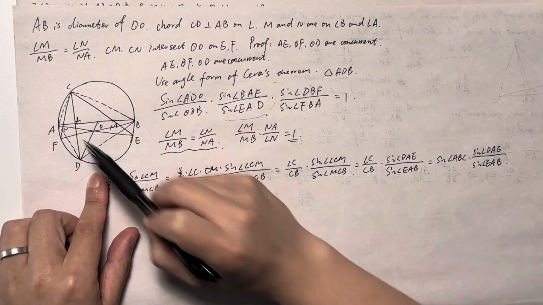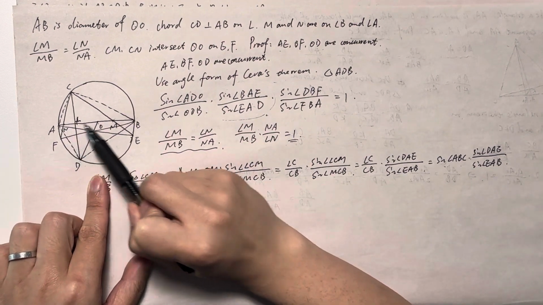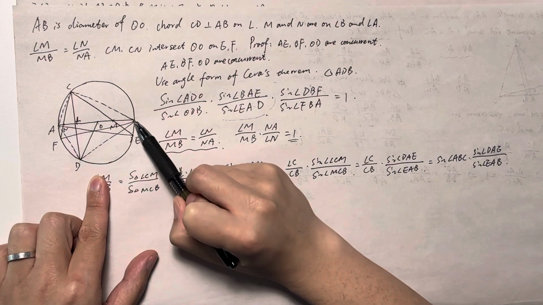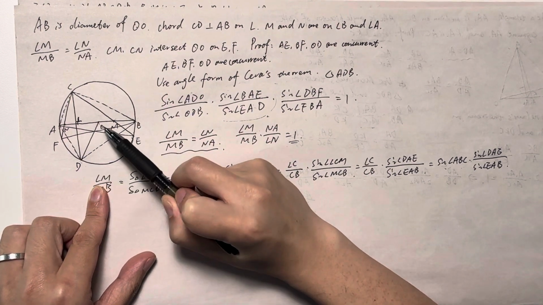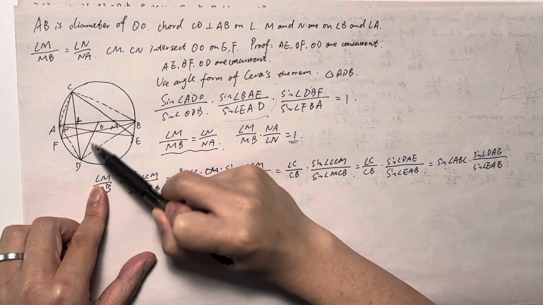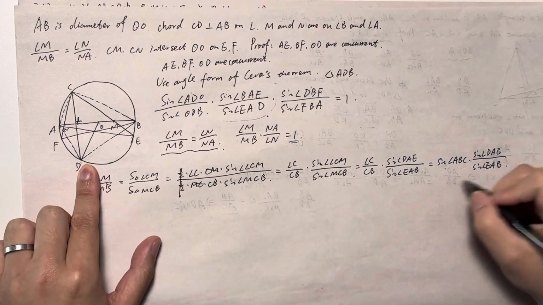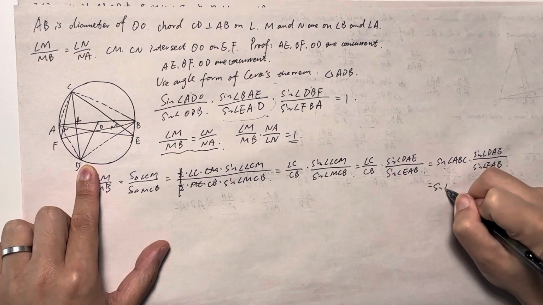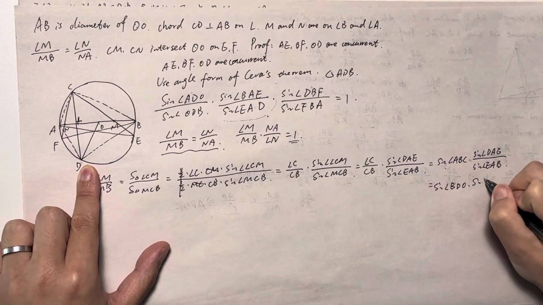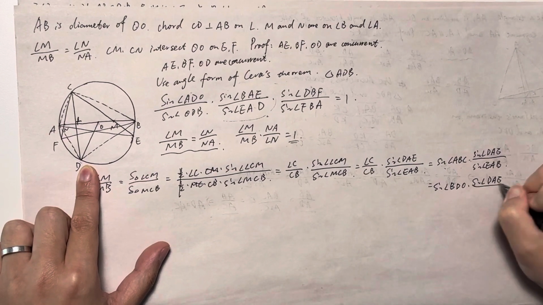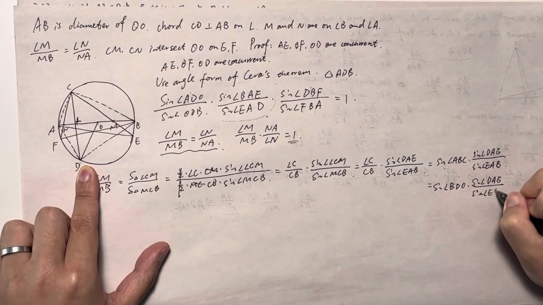As we know, angle ABC equals angle ABD, which equals angle BDO, right? So we can rewrite this as sine angle BDO times sine angle DAE times sine angle EAB.